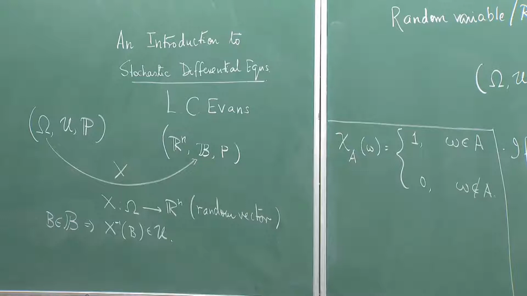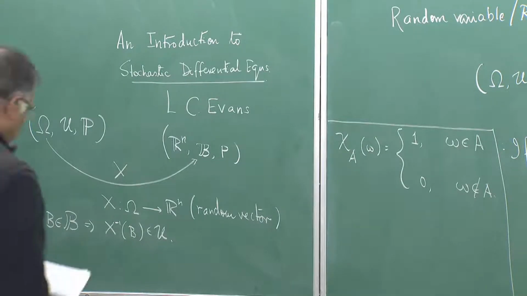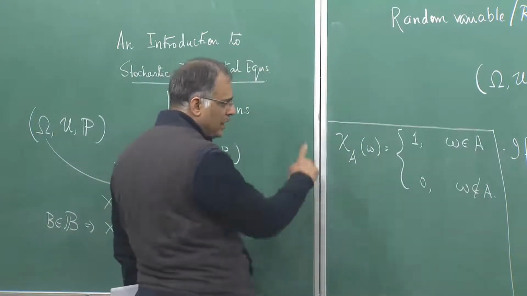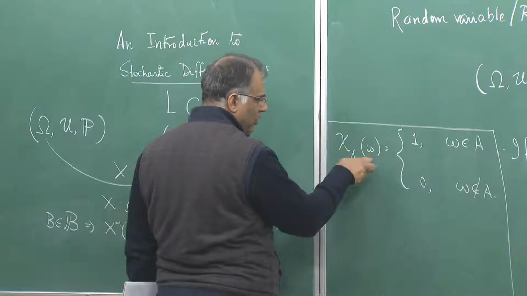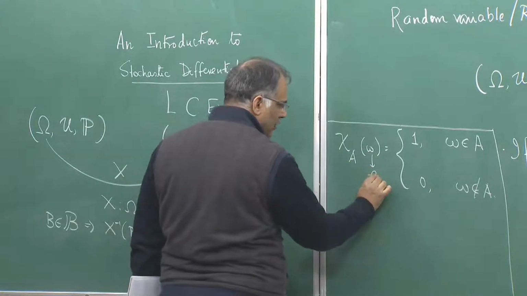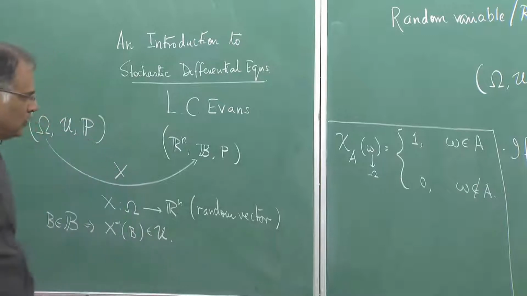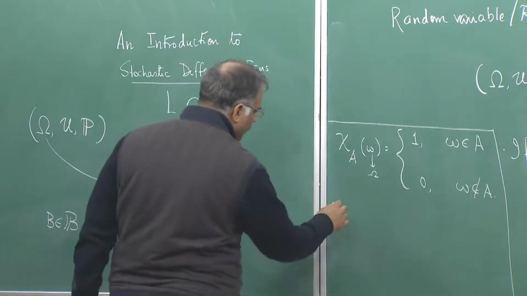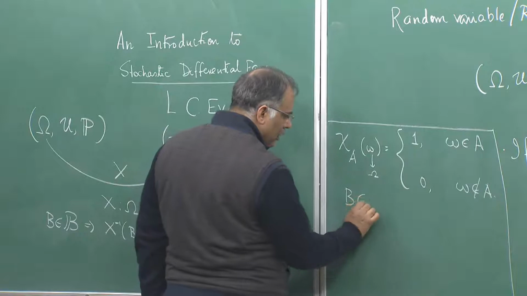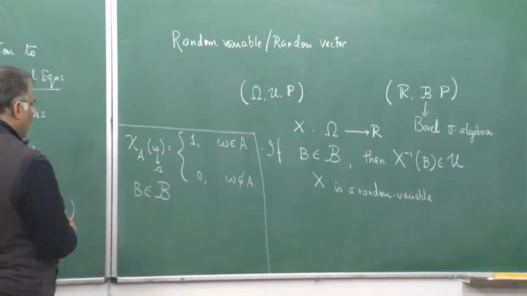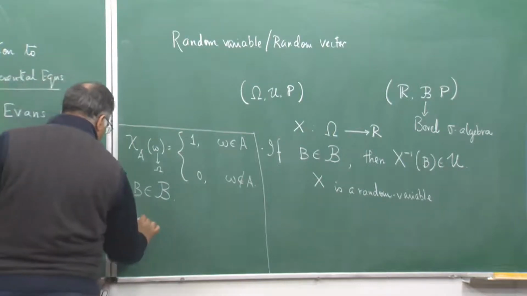Okay. Now, once that is done, how do I guarantee that this is a random variable? I say chi A is a random variable. So, I am taking each omega and making this definition. So, this is in R, so if I take a B from the Borel sigma algebra, how do I calculate the preimage?